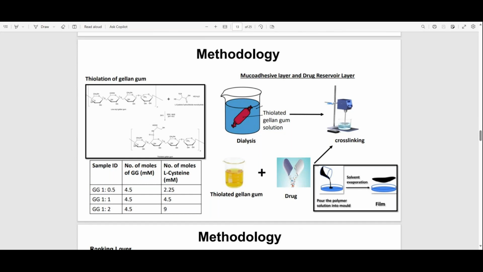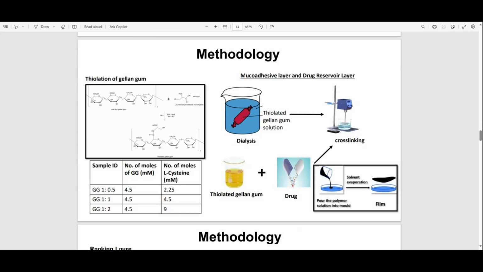After completing the 24 hours of reaction, we dialyzed the system using a molecular weight cutoff dialysis membrane of 14 kDa in order to remove all the unreacted monomers like L-cysteine and other reagents. After dialysis, we cross-linked these thiolated polymers using different cross-linking agents, and while cross-linking, we also added the drug molecule of interest.